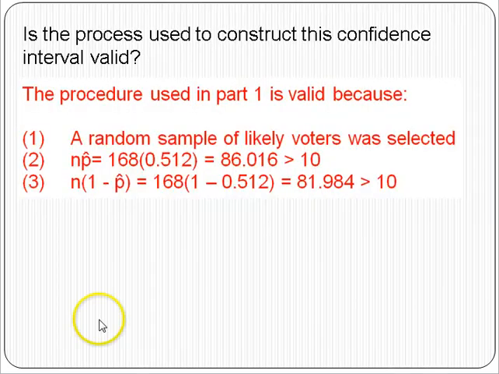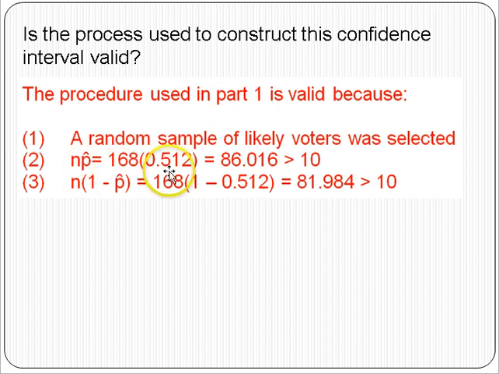Finally, are the results, are the processes used in this problem valid? Basically, this question is really asking, is the sampling distribution normal? Okay, for the validity condition, first of all, we have to have a random sample of likely voters, which was given. n times p hat. Notice we use p hat because we don't know what p is.